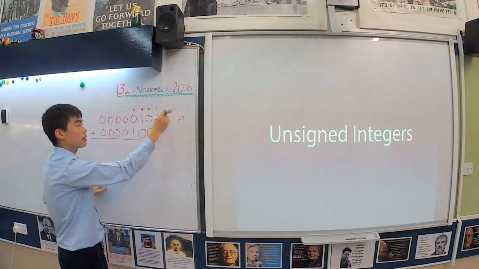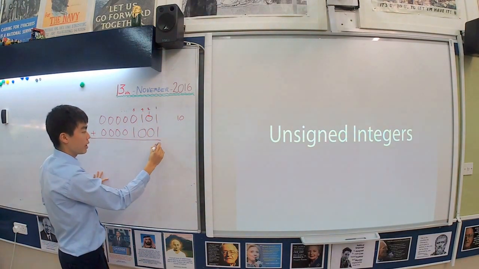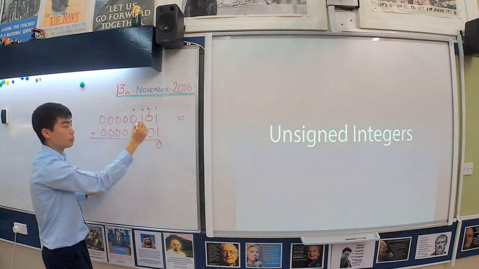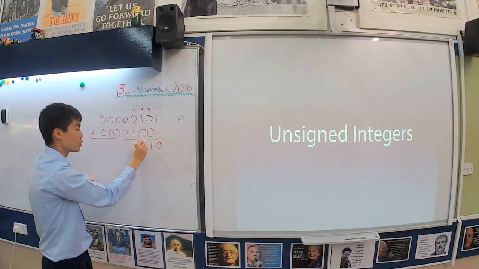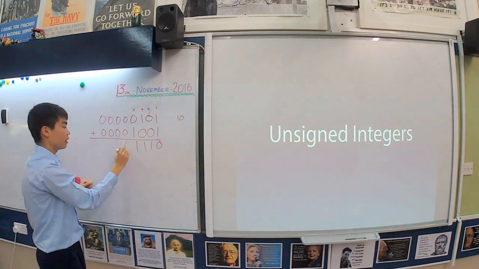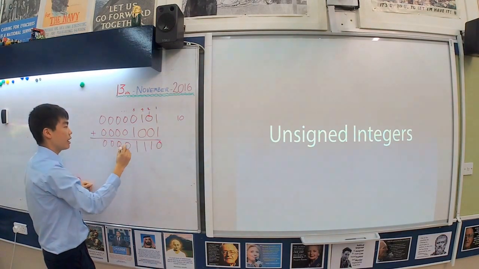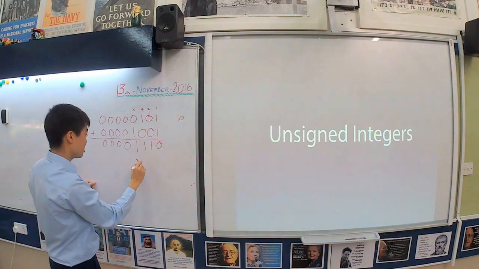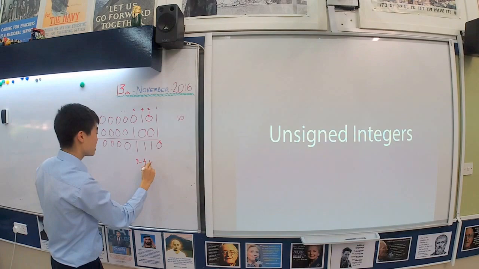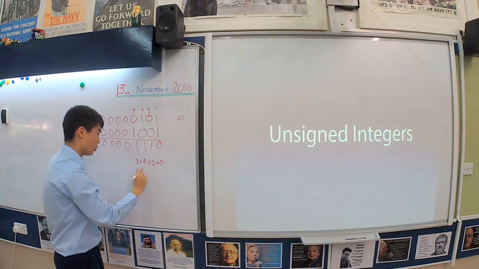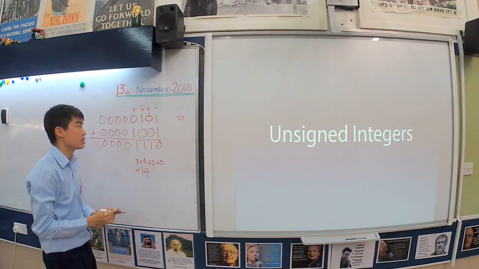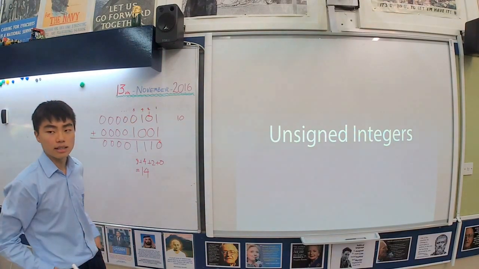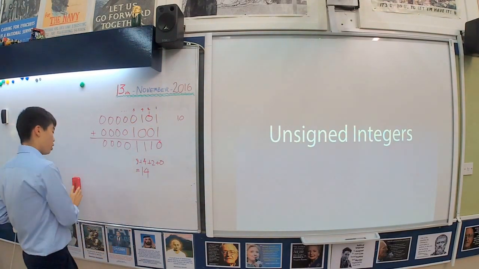So what happens is the 1 gets carried over up here, and we add the 0 here. Then 1 plus 0 becomes 1, we get 1 plus 0 is 1, 0 plus 1 is 1, and the rest are zeros. And our final answer is 8 plus 4 plus 2 plus 0, which is 14, and we know from the decimal system that 5 plus 9 indeed is 14. So that's how addition would work.